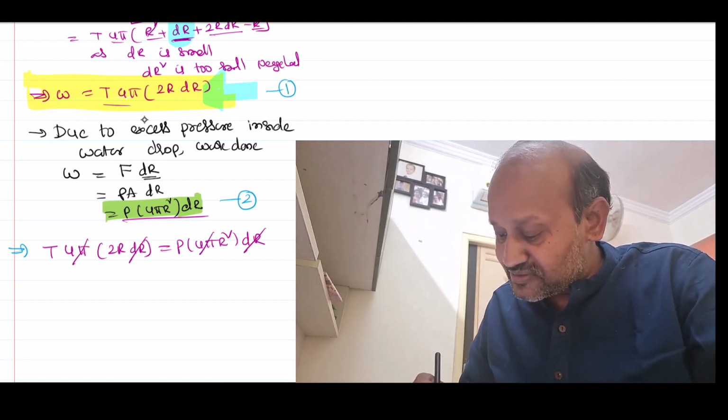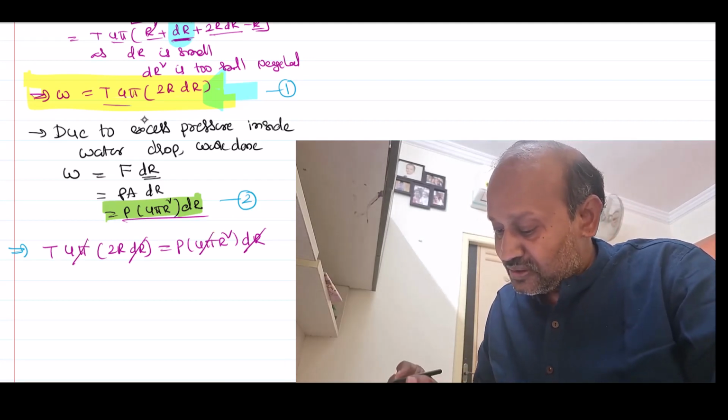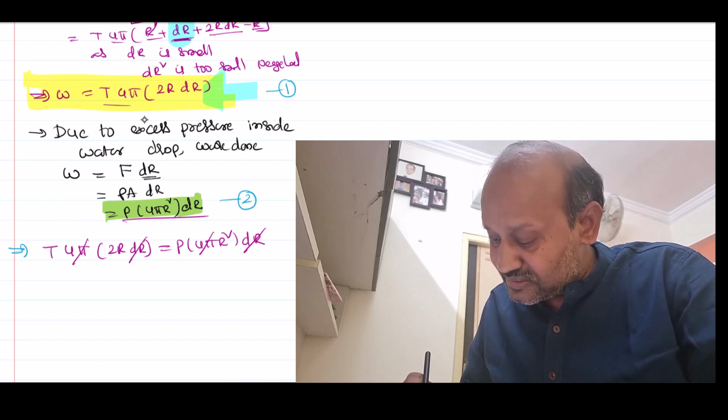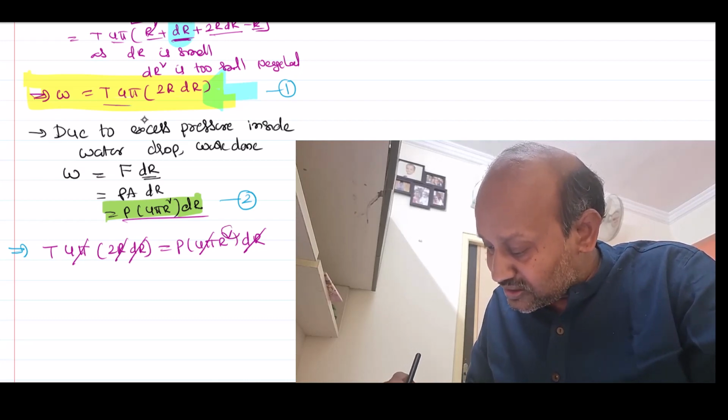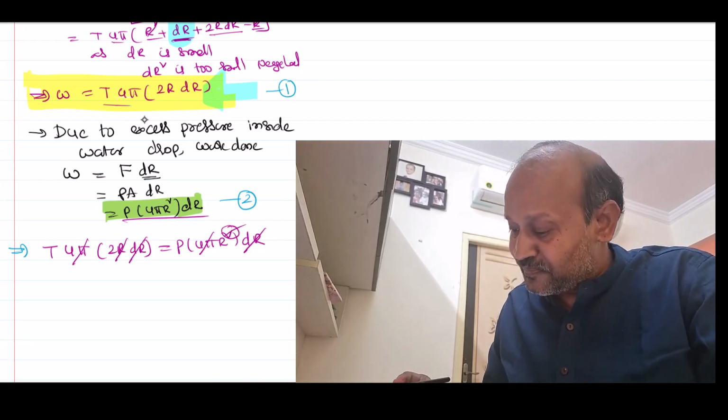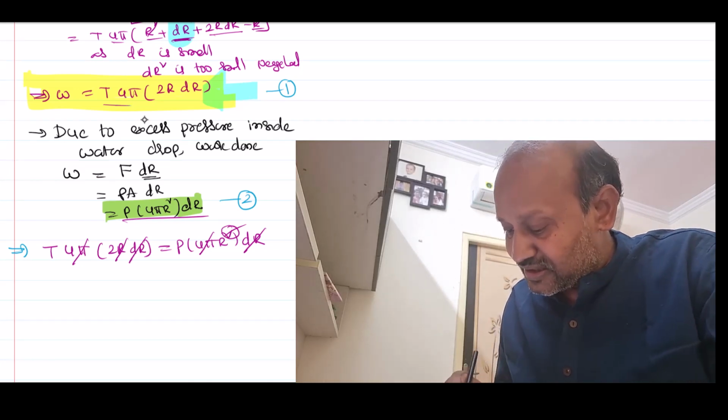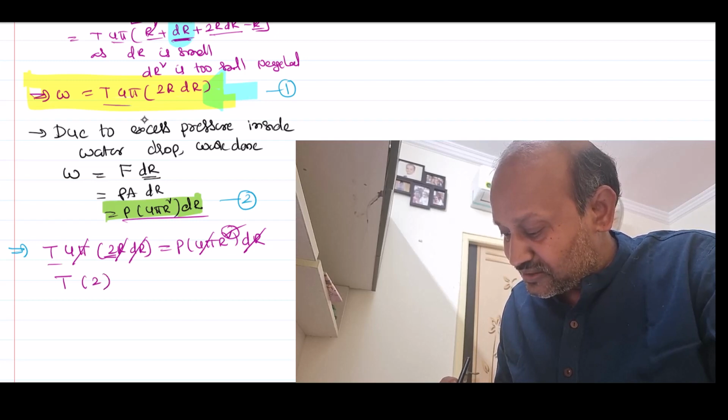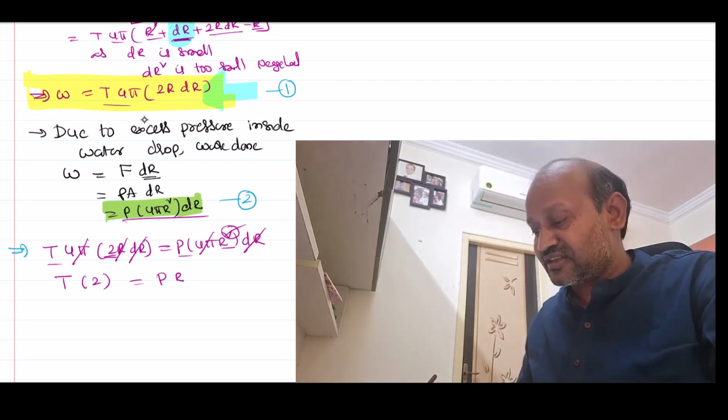This 4 pi and this 4 pi can be cancelled. This r and one r in the square can be cancelled. So what is remaining then? On one side, T is remaining and 2 is remaining. On the other side, P excess and r are remaining, everything else gets cancelled.